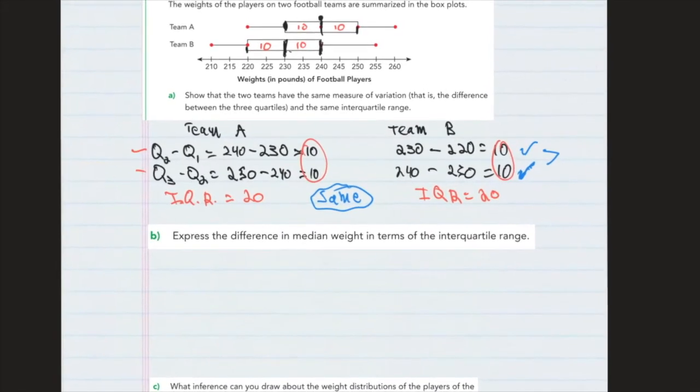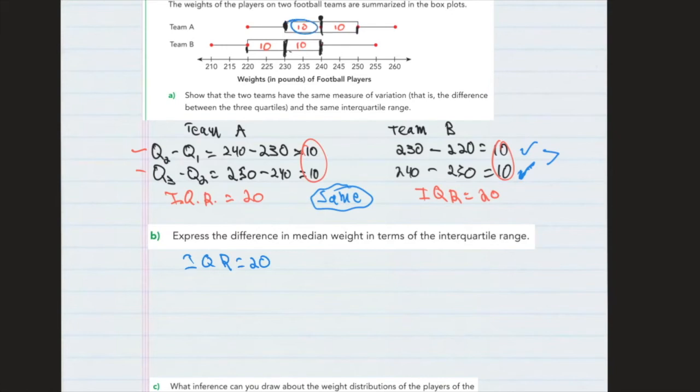Next question is express the difference in median weight in terms of the interquartile range. Okay, so the interquartile range for both is 20. Right, so each of them has an interquartile range of 20. And then their medians, which are these numbers here, right?